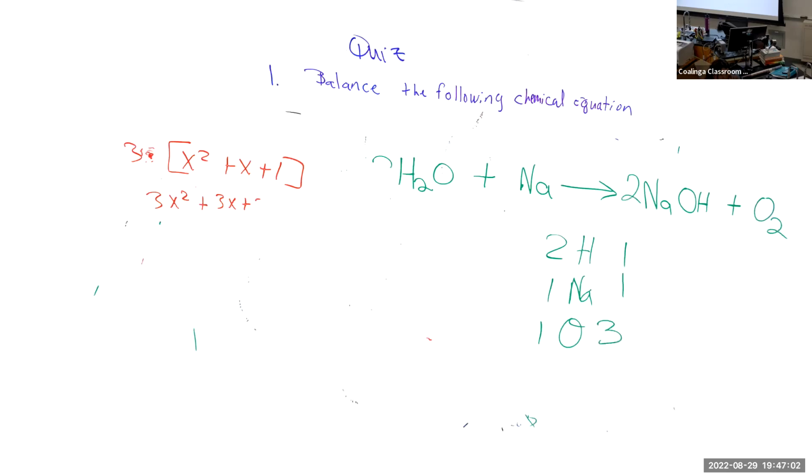Okay. Why are you writing a 2 there? Okay, let's see why. So then that will give me my 2 hydrogens, that will give me 2 sodiums, and then that would give me 4 oxygens.